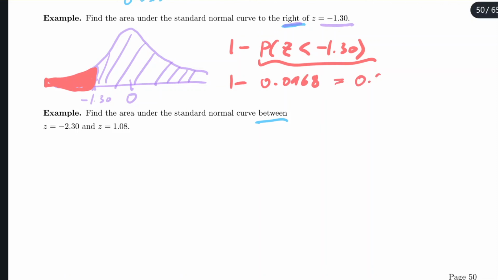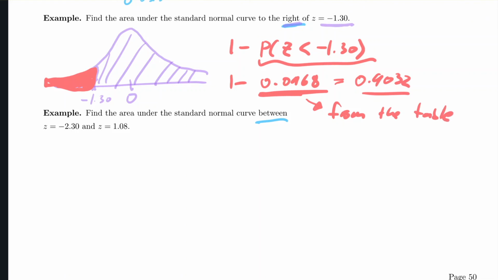And then you get 0.9032. Again, I found this from the z table. So make sure you know how to use the z table, which will be provided to you for the quizzes and exams. So this is not something you need to memorize. The z table is not something you need to memorize.